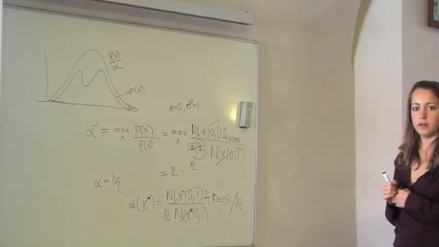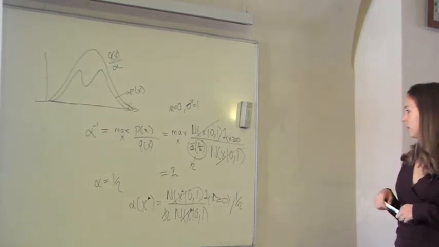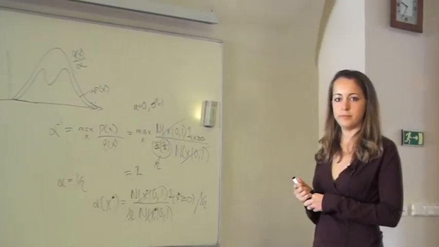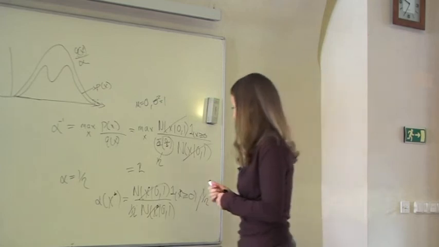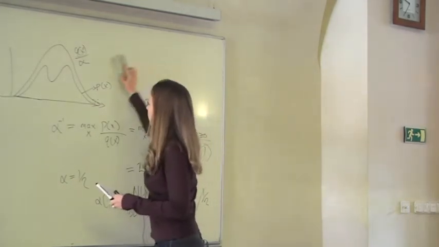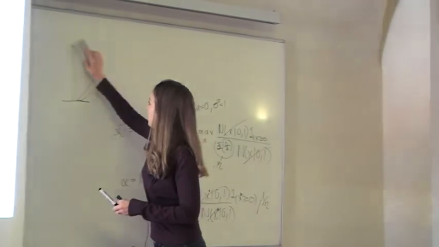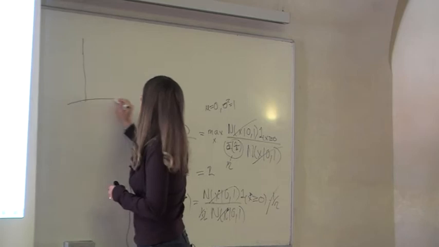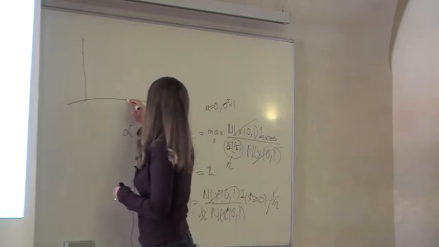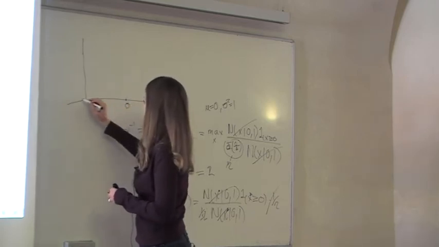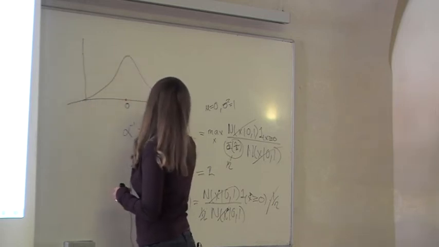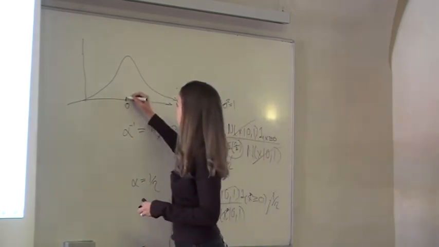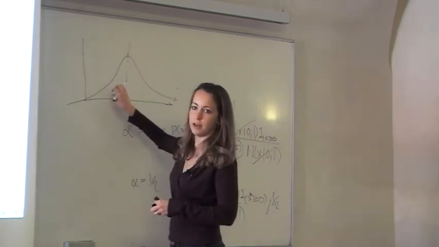What are the functions? So the idea is that we are taking just the positive values of the normal distribution for the p of x, and we are sampling using the full one. Yeah, so what we want to sample from, let's draw a picture. Here is, say, the standard normal distribution. What we want to sample from is the truncated normal distribution, so we're just cutting off this tail here.